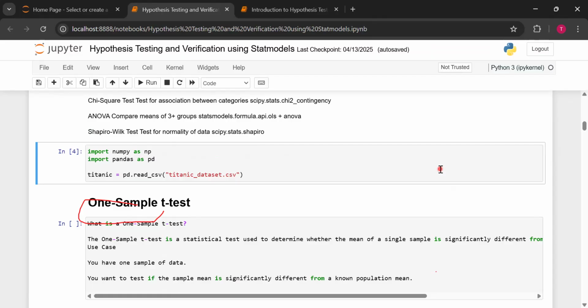Yes, good question. What's the difference between t-test and z-test? Who knows what I mean by z-score?